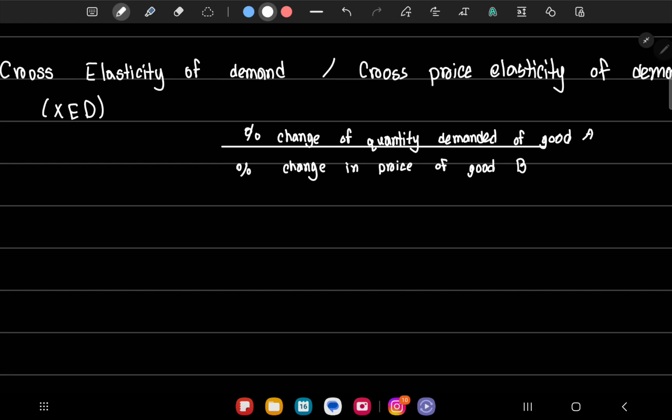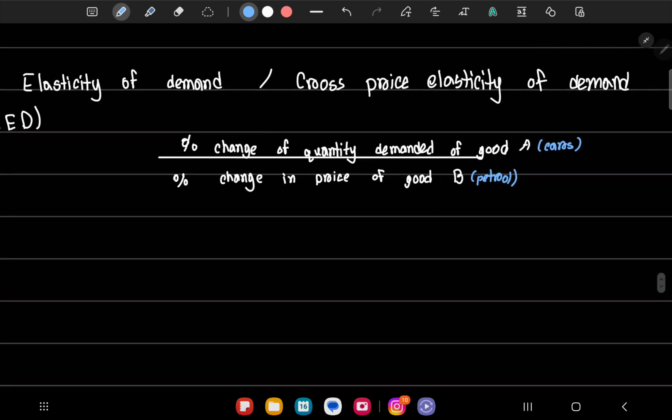So if good B is petrol and good A is cars, if the price of petrol increases, the quantity demanded of cars will decrease.